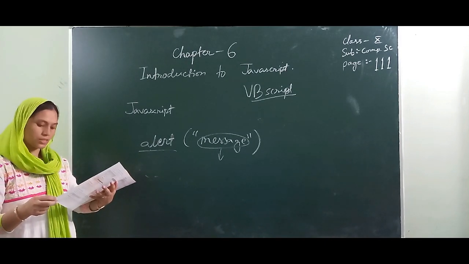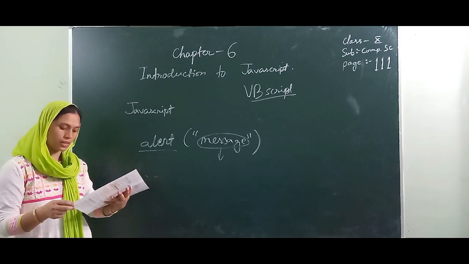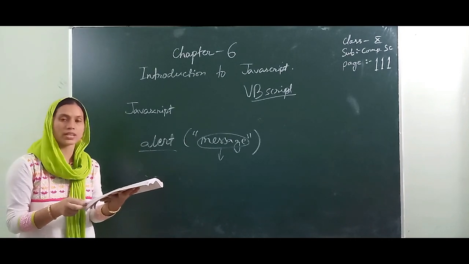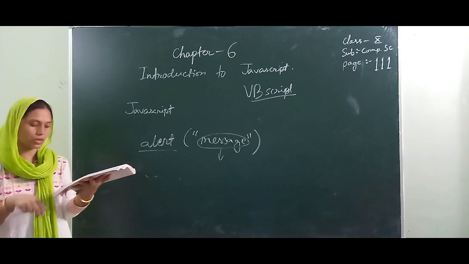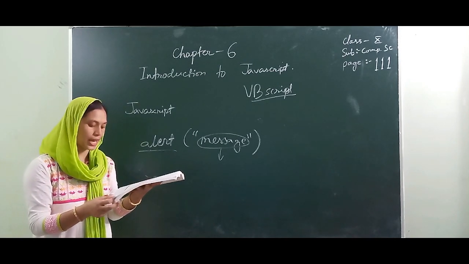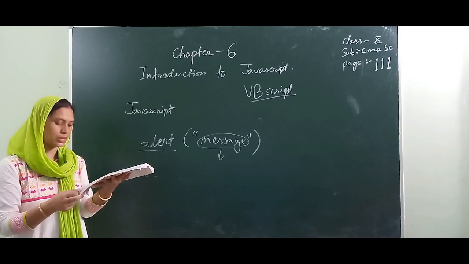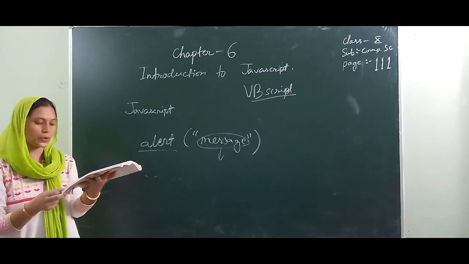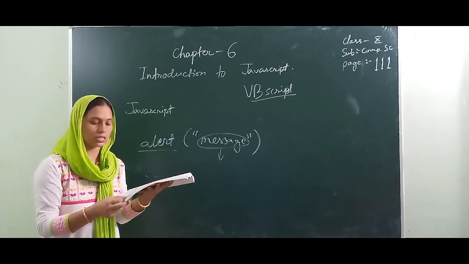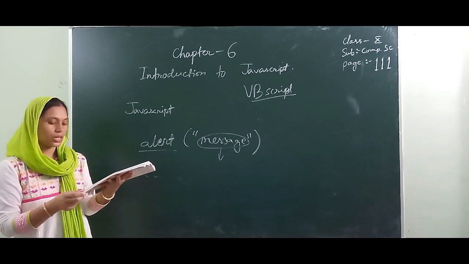One program is written in your book, page number 111, figure number 6.1, JavaScript code in HTML. Just go through the code. You will find that within the body tag, the script tag has been used, with language equal to JavaScript and type equal to text/CSS. So there is a little mistake.